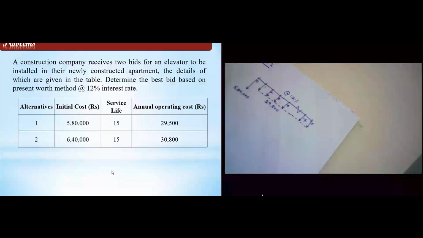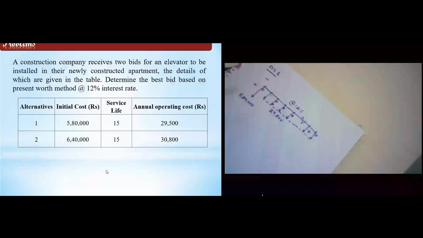Then we will be using the cost dominated parameters, wherein the cost factor should be taken as positive and the revenue factor would be taken as negative. So all the arrows pointing downward will have positive sign, and all the arrows pointing upward will be taken as negative. But in this case we don't have any revenue factors, so we will not be considering any.